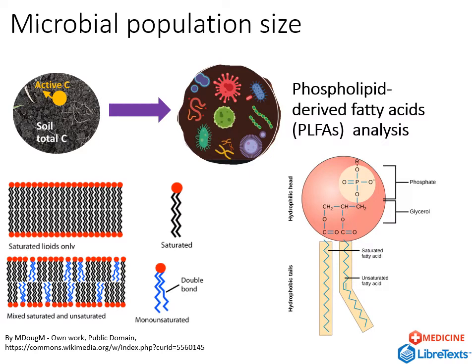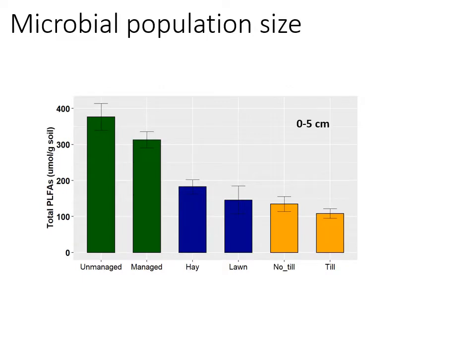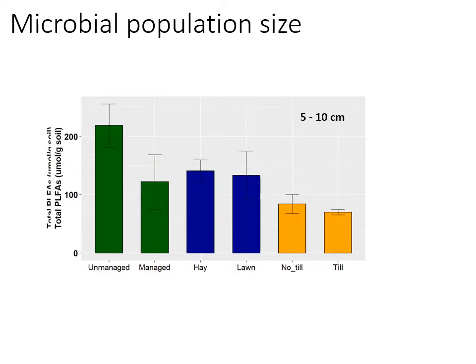Because PLFA decays within days after the cell dies, the total PLFA is normally used as a proxy of the active microbial populations. And consistent with our predictions, we saw a decline of the PLFA as management intensity increases. And again, this effect is more apparent in the top 5 centimeters.